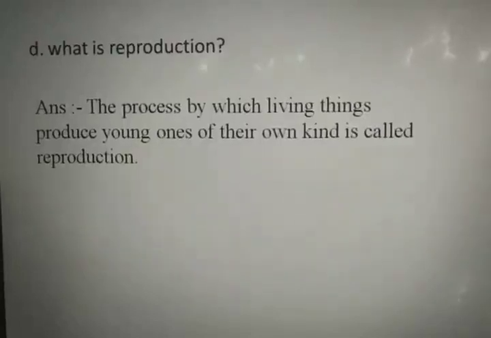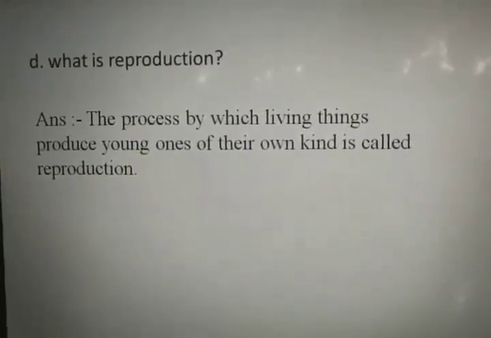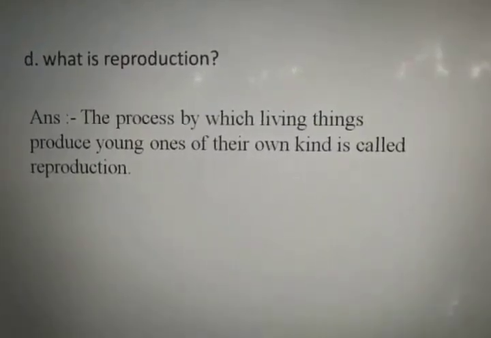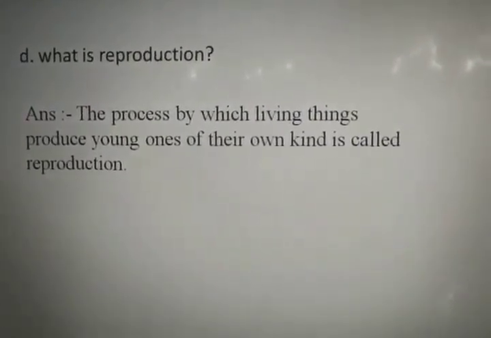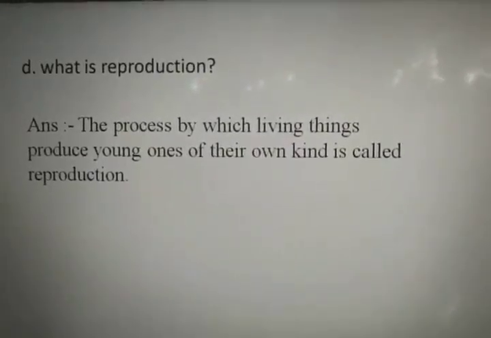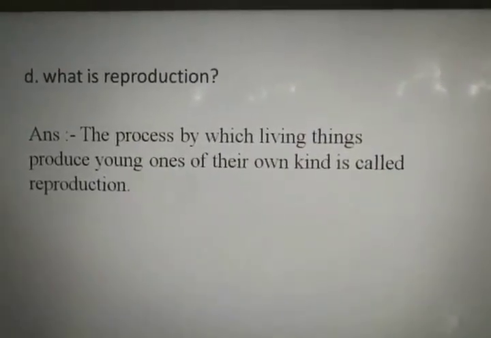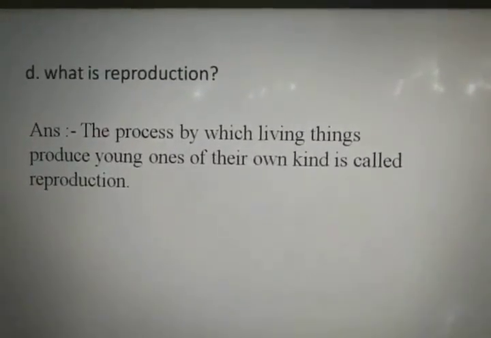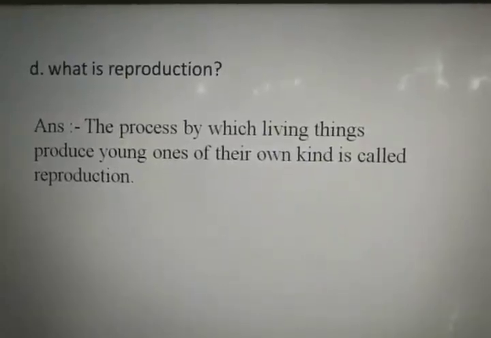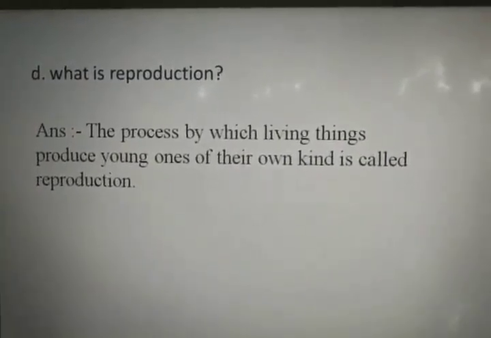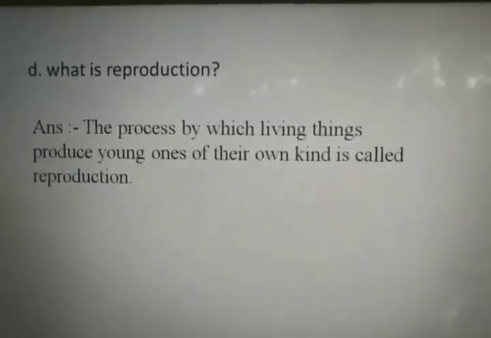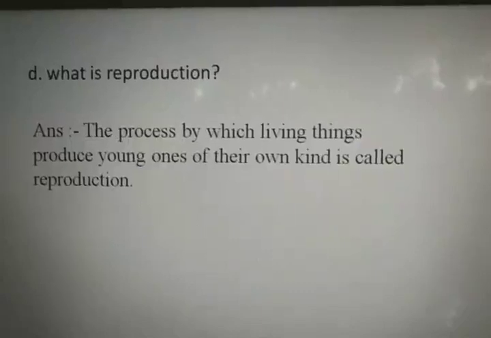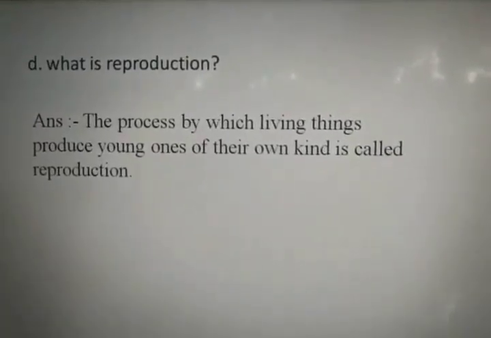The process by which living things produce young ones of their own kind is called reproduction. Children, you can read the book as well as go through the keywords given to you, and there you can find the answer. To find the answers of the given questions, you need to read your textbooks thoroughly.